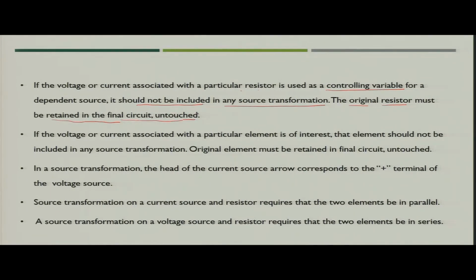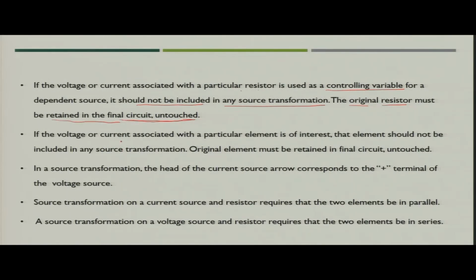Generally, when we see dependent voltage or current sources, the current across a particular resistance or the voltage across the resistance would depend upon those parameters. So we try to keep those parameters untouched.